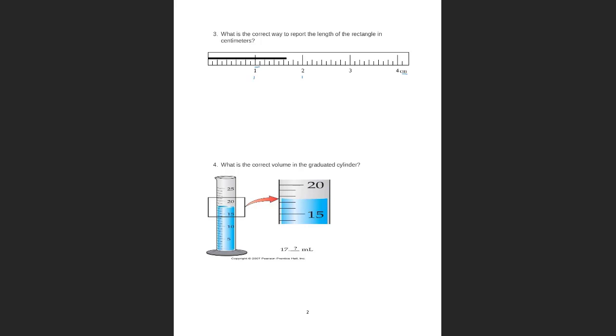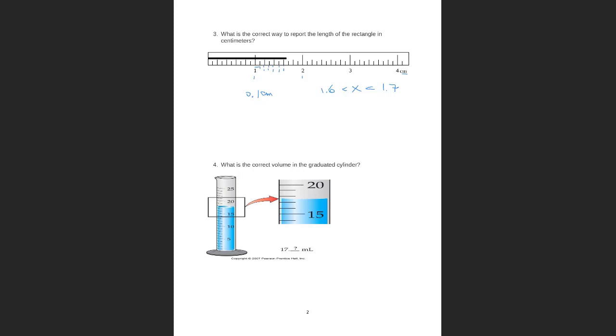It represents 0.1 centimeter, right? This is what I know, because this is 1.1 here, 1.2, 1.3, 1.4, 1.5, 1.6. So my value is between 1.6 and 1.7, right? Yeah. This is what I know.